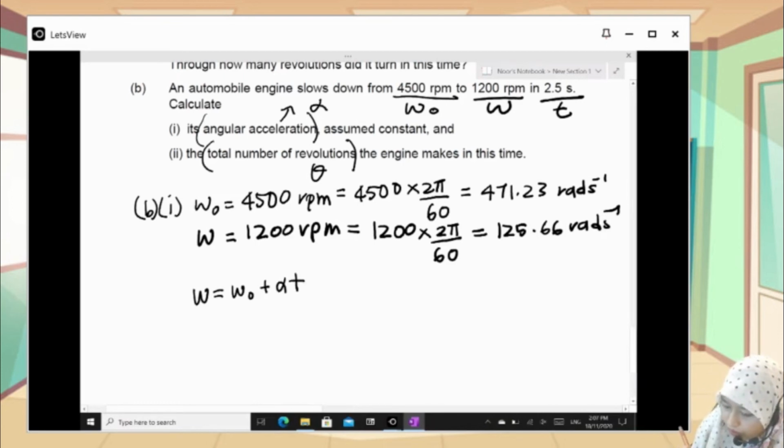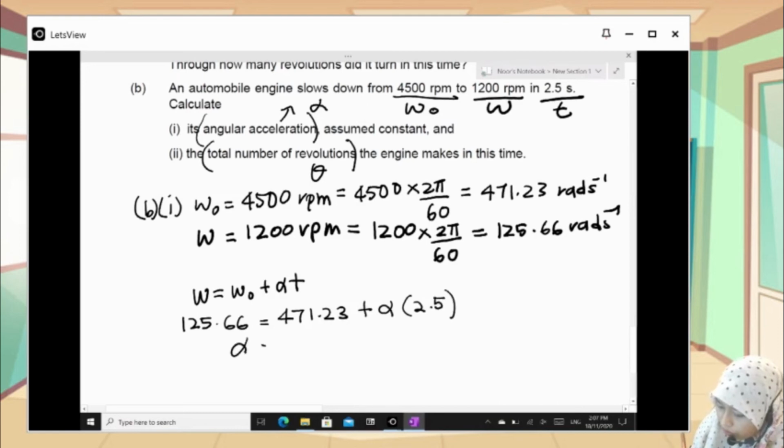Okay, and then find alpha using omega equals omega naught plus alpha t. Omega is 125.66, omega naught is 471.23. We want to find alpha, t is 2.5. So alpha is 125.66 minus 471.23 divided by 2.5.